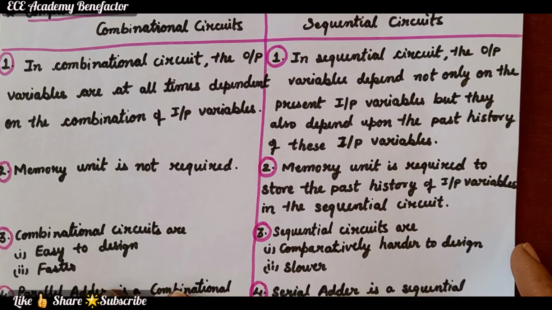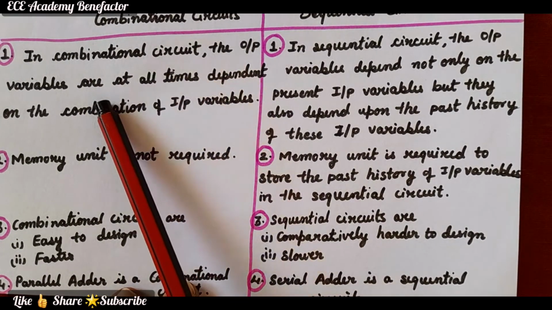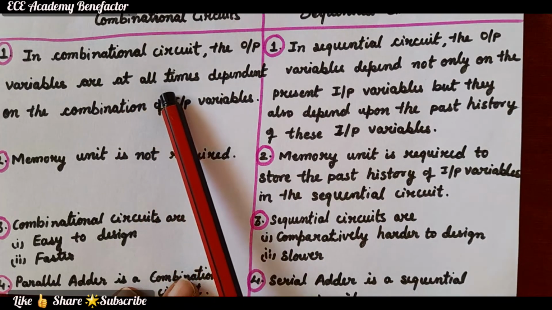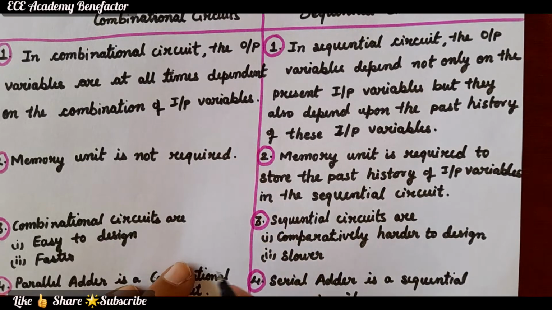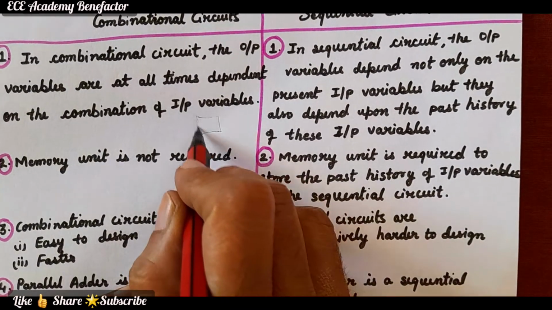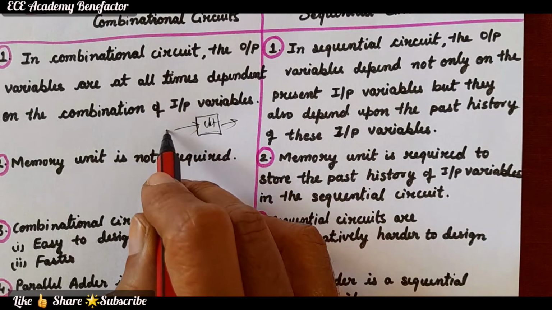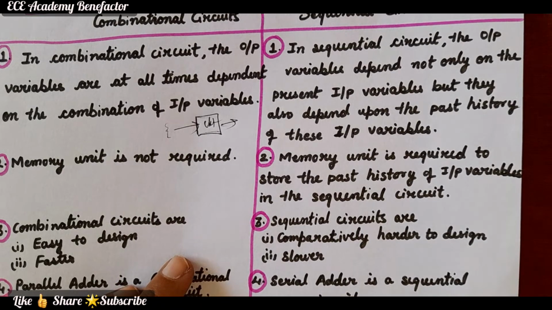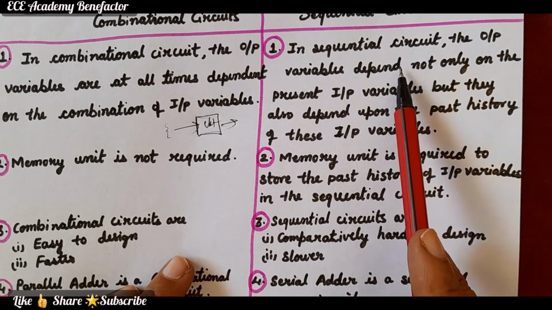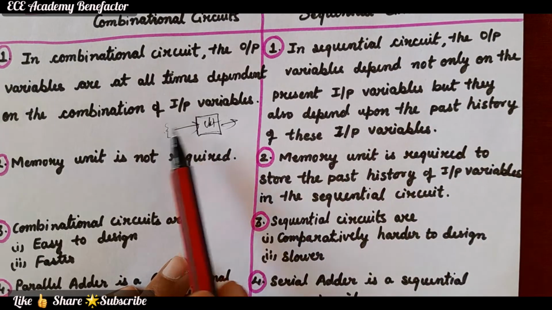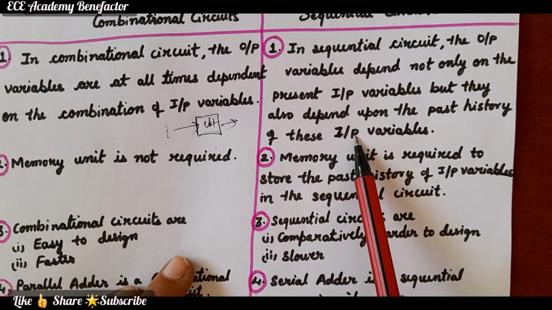First point: in a combinational logic circuit, the output variables are at all times dependent on the combination of the input variables. In a sequential circuit, the output variables depend not only on the present, but also on the past history of these input variables.